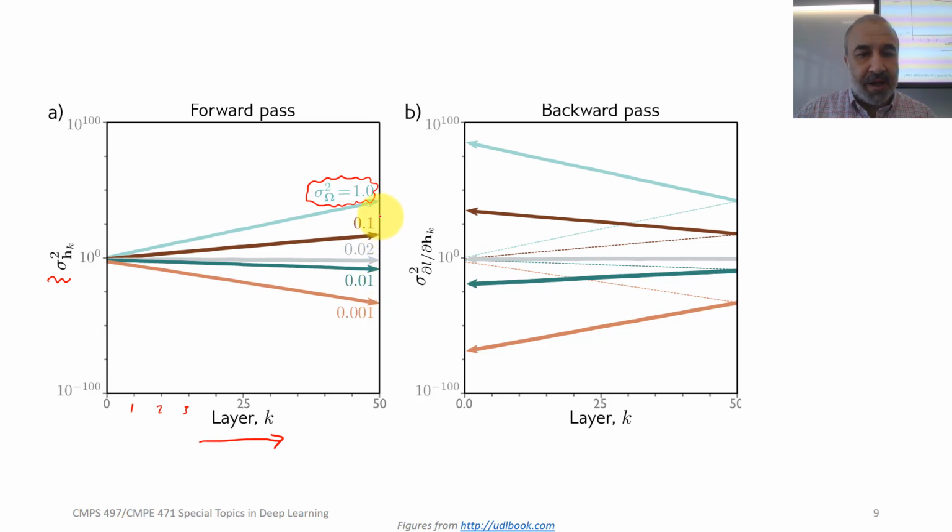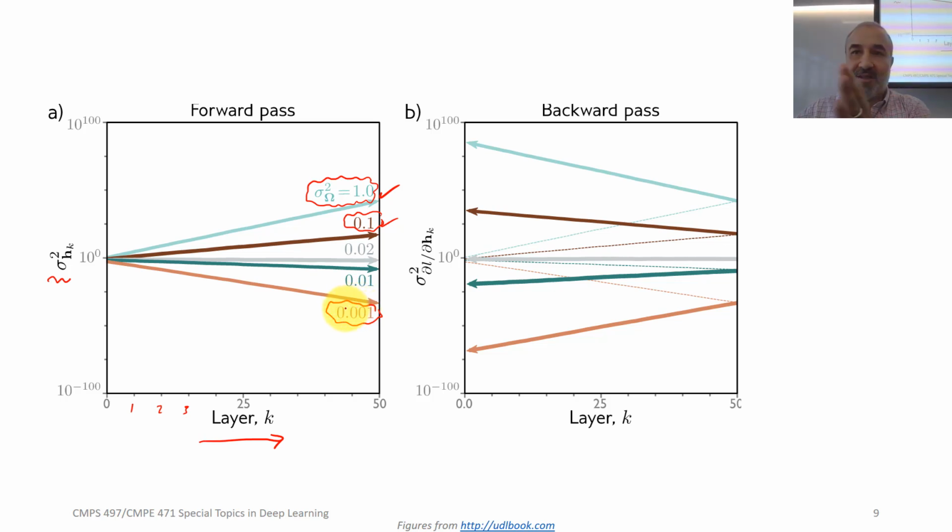This is also happening with this value. These values are the variance that we use when we initialize the weights. When the variance is 1, we get this effect. When the variance is 0.1, we get this effect. In the other way, if the variance is very small, you can see that the values are getting smaller.